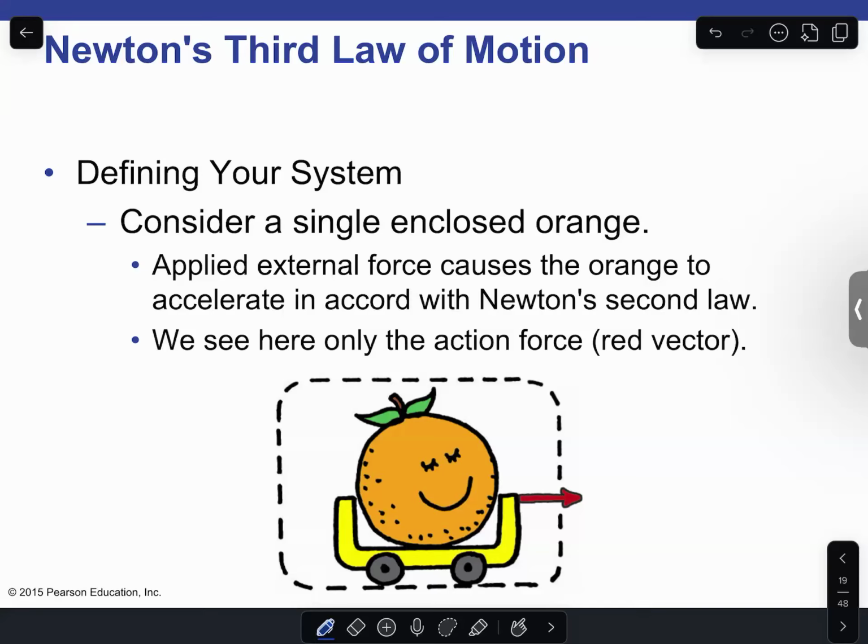Those do not cancel. Here, again, the second phrase, the force of cart on professor. I don't care about the professor. If I'm talking about the cart, I only care about forces on the cart. You don't have to consider what the cart does, only what the cart feels.